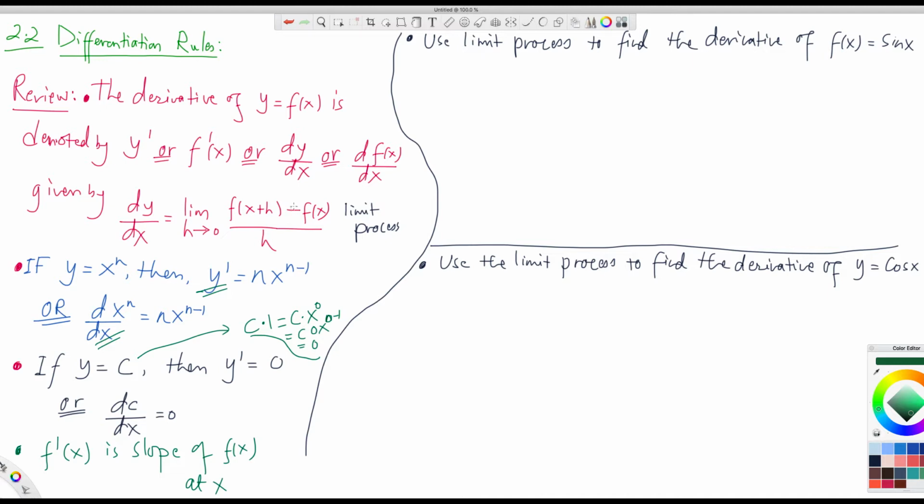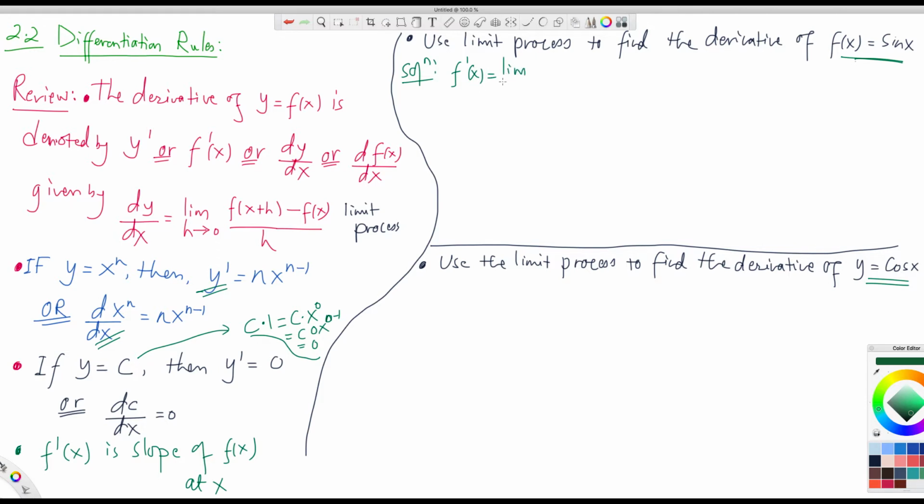So before I go to the shortcut formulas, I'm going to find the formula for the derivative of y equals sine x, or f(x) equals sine x, and y equals cosine of x. Let's do this. Solution: we have f(x) equals sine x. We want to find f prime of x. What is the formula?